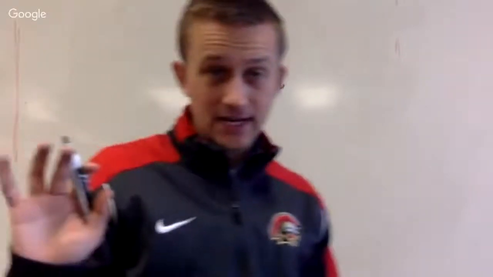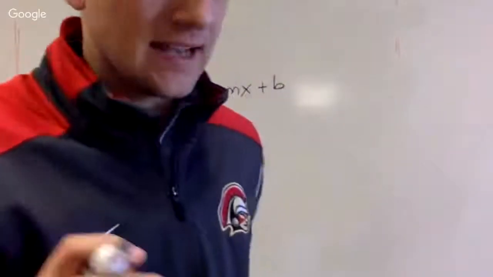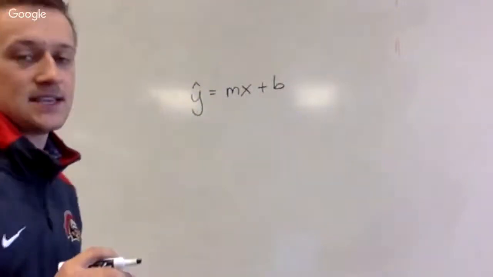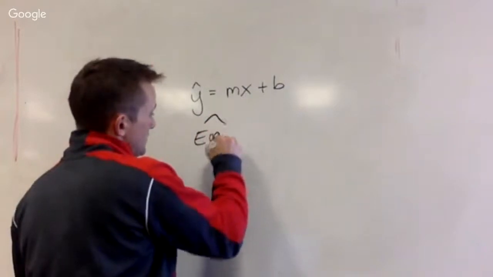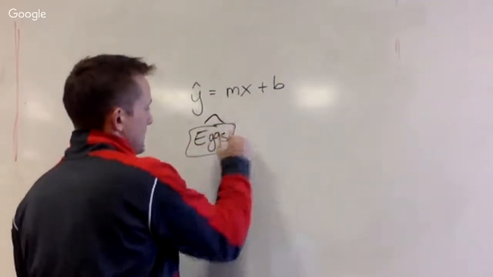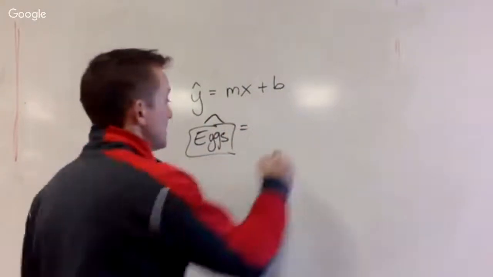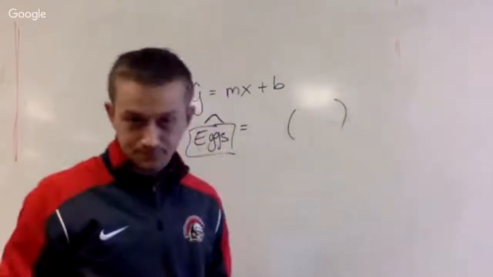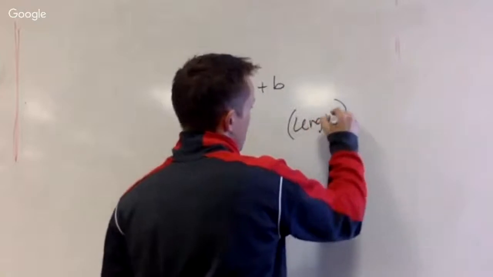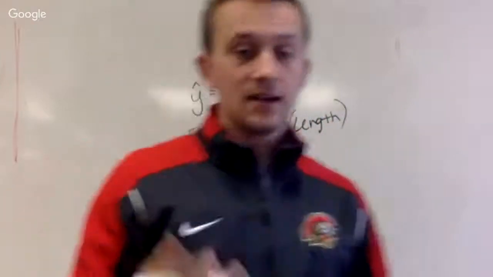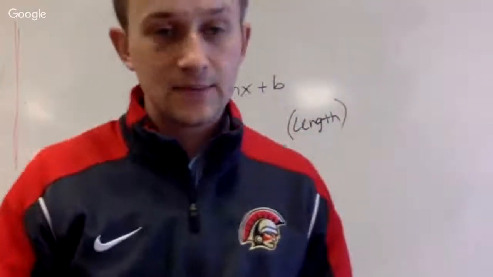First off, we can eliminate a couple of them. What's the y-axis? It's the eggs. So my eggs would be the y part because this is my y-axis. And what's my x-axis? The length. So we can eliminate D and E.